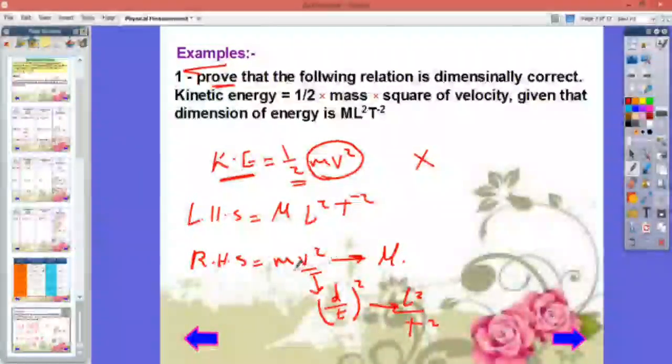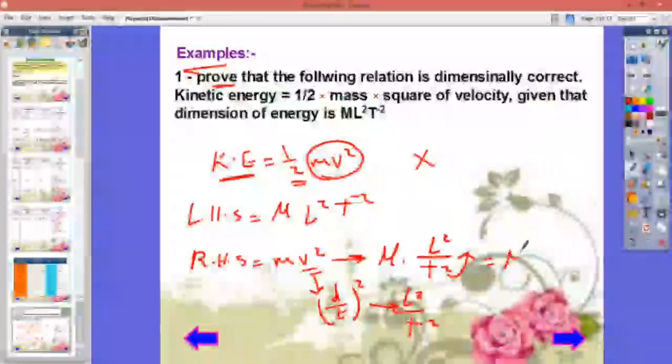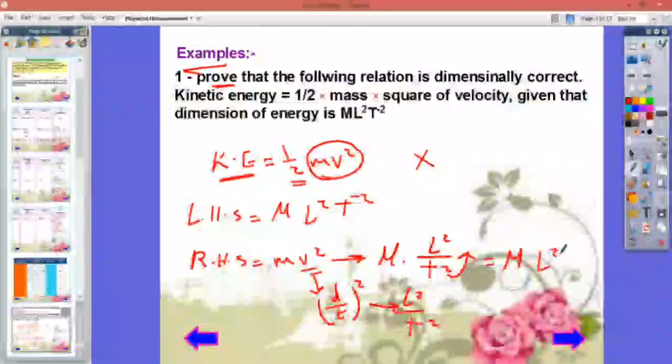So the dimensional formula of m v square equals M L square over T square. Can we write it like this? No, we raise it up. So the dimensional formula of m v power 2 equals M L power 2 T power -2.